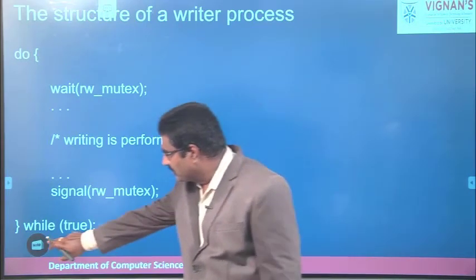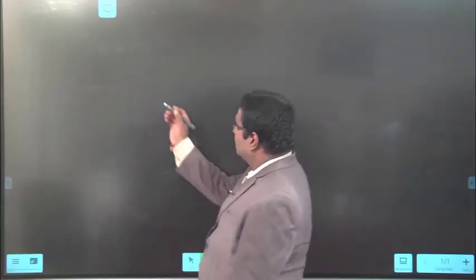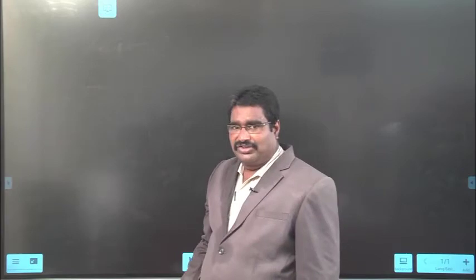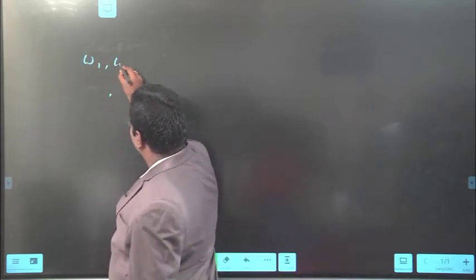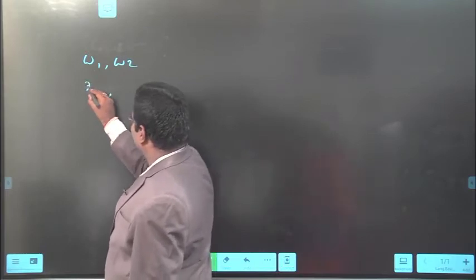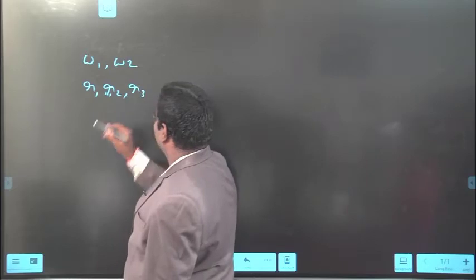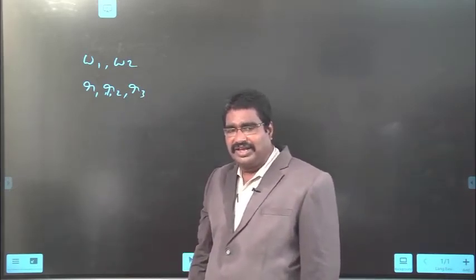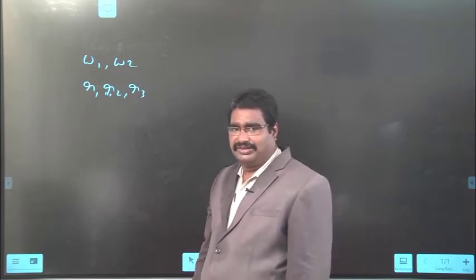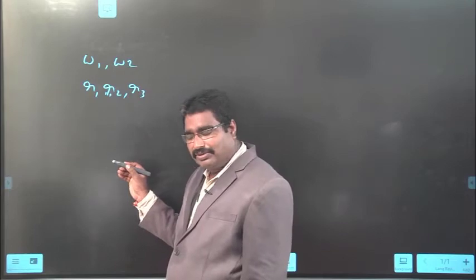We are assuming that two writers exist, W1 and W2, and 3 readers R1, R2 and R3. Already we know that in the readers-writers problem we are using semaphores.